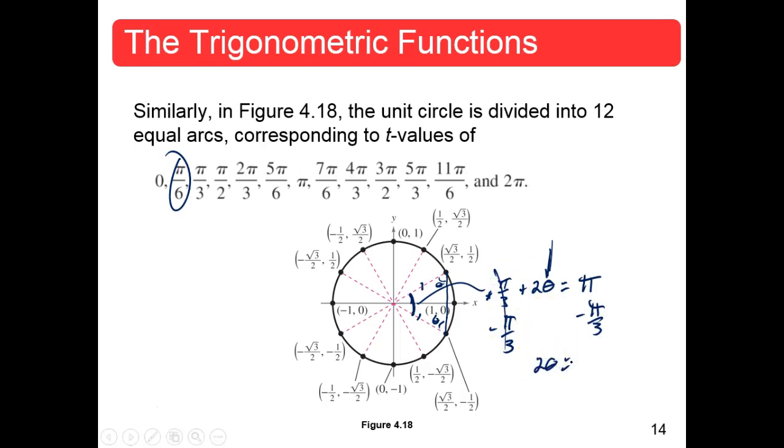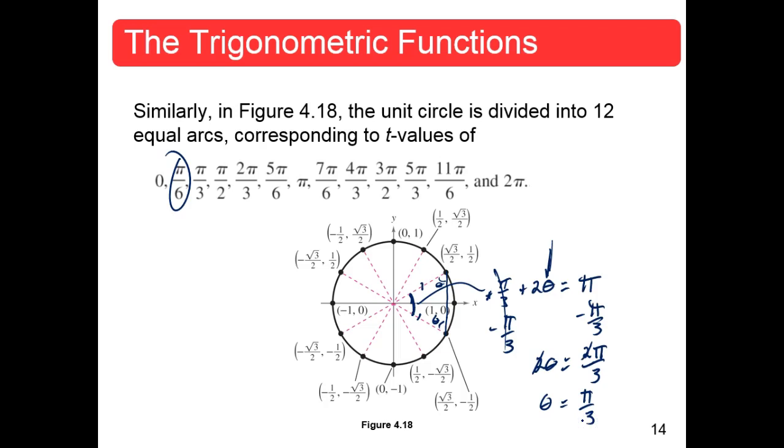And what if I subtract pi thirds from pi? How many thirds is pi? 3 thirds. Minus 1 third is 2 pi over 3, right? Divide both sides by 2, and what do we get? Theta is equal to pi thirds.